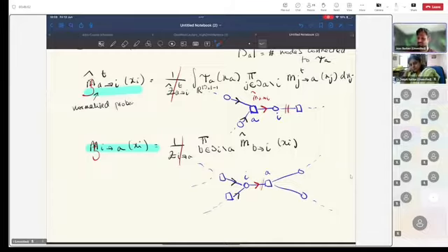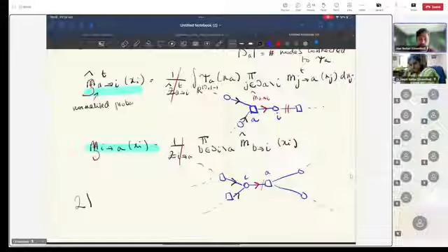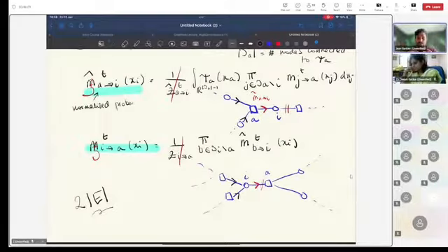So the total number of messages that you need to update is twice the number of edges of the factor graph, and you iterate these equations. It's an iterative algorithm, and it runs until convergence.